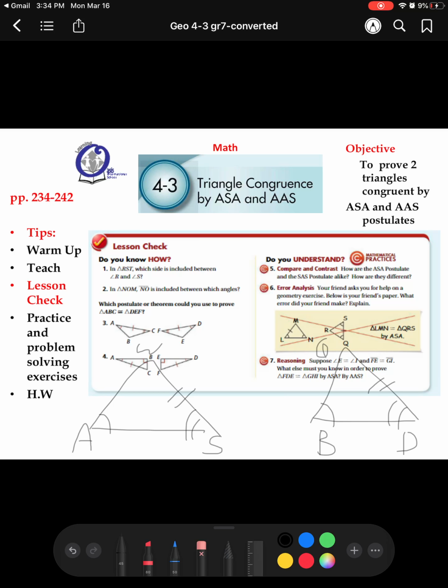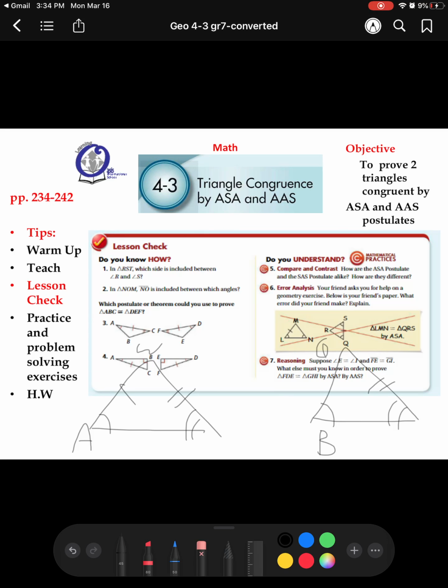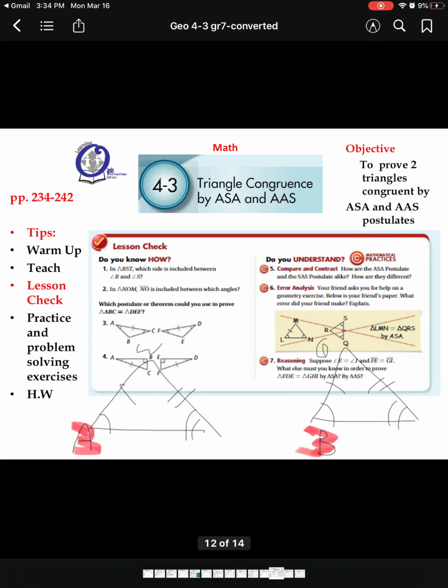Why? Because they both started from the same congruent angle, from S and D, they both congruent, so we give the side which is connected to them both. Or I will say that this side is the congruent side, which is DW is congruent to BQ because it is connected to the same congruent angles. The questions are very easy here.